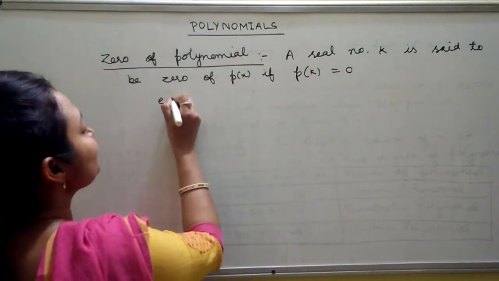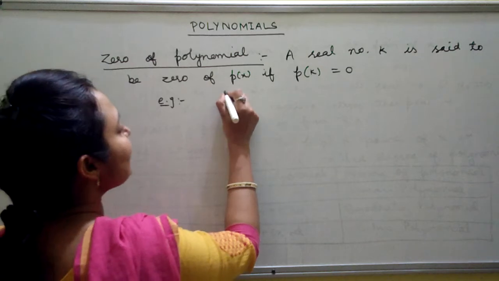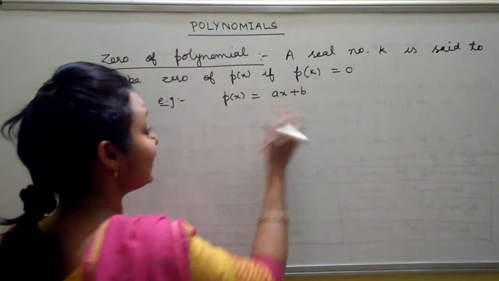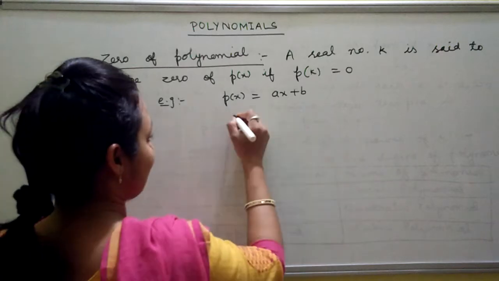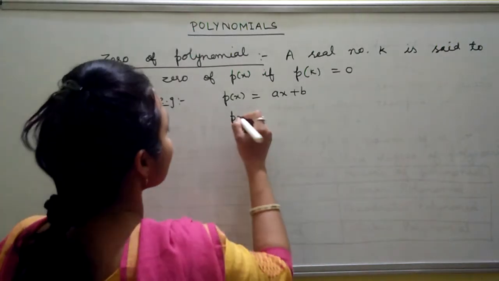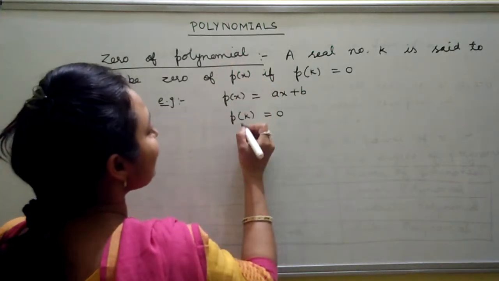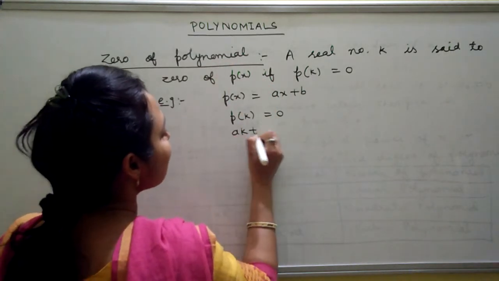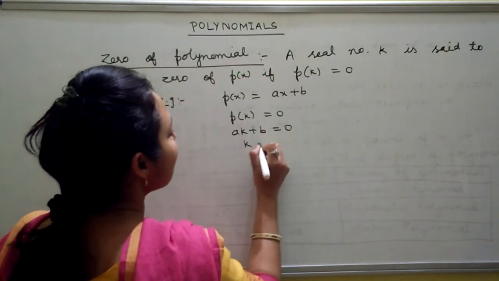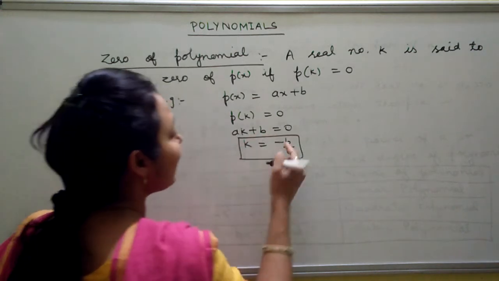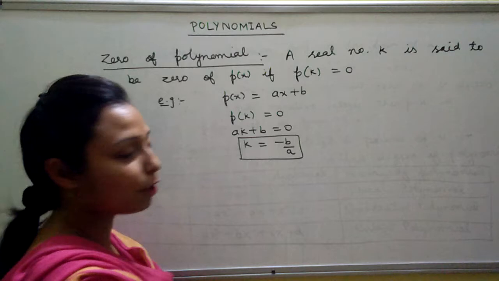For example, we have p(x) = ax + b, that is a linear polynomial. If I want to find the value of the zero, then a k + b = 0 and k = minus b upon a. So this k, minus b by a, is the zero of this polynomial.